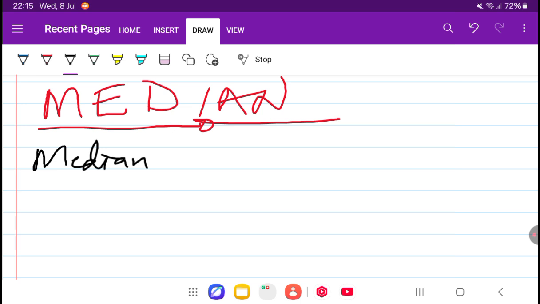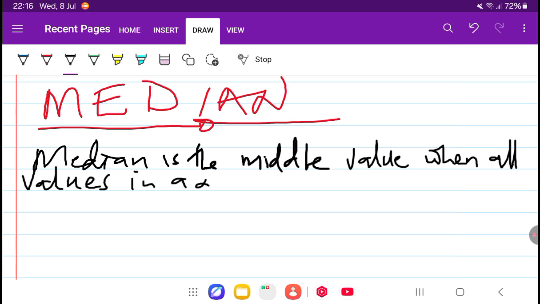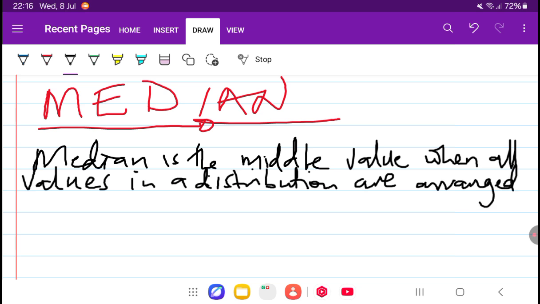Median is the middle value when all values in a distribution are arranged in order of size.